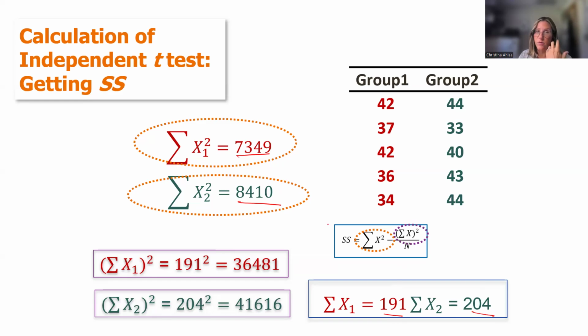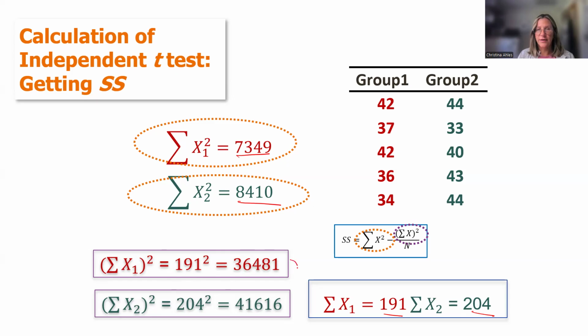So what we would do is plug that in. The sum of x total squared for group 1 is 191 squared. For group 2 it is 204 squared. When I plug those in, I don't calculate those all the way out, but I know a lot of students do.